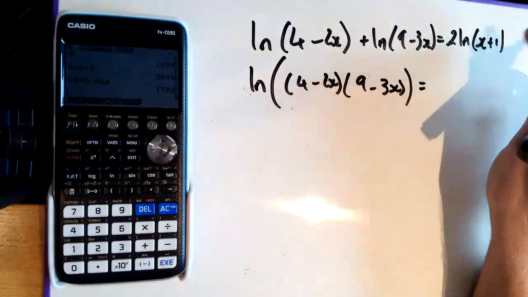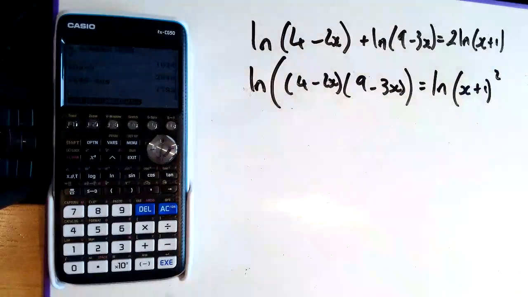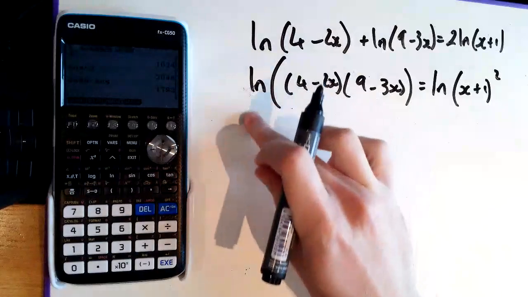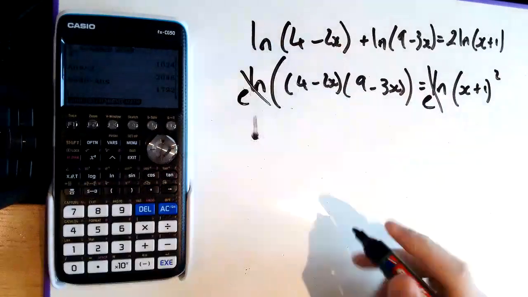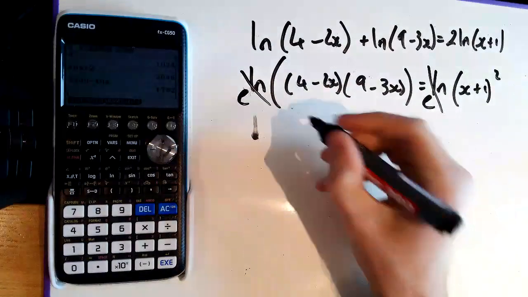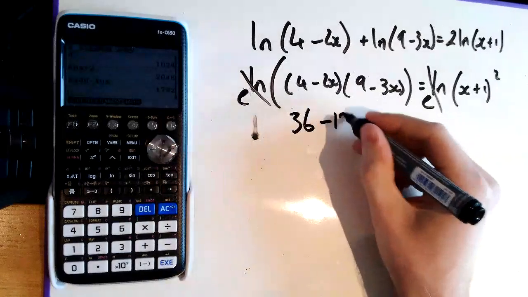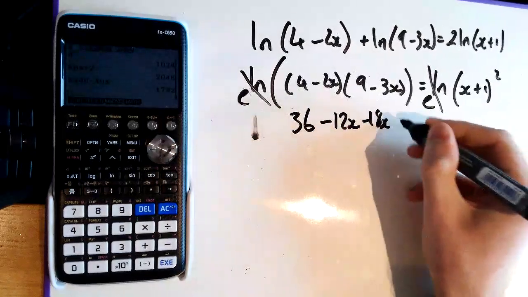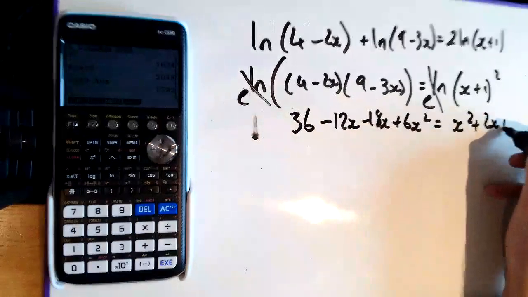And this one I'm going to take the 2 to the power, so ln (x add 1) squared. Now I can cancel out the ln, so do e on both sides, which will cancel out the lns. I'm just going to expand the bracket. So 36, take away 12x, take away 18x plus 6x squared is x squared add 2x add 1.